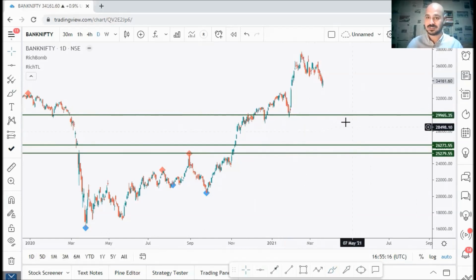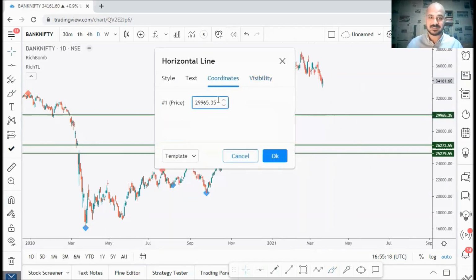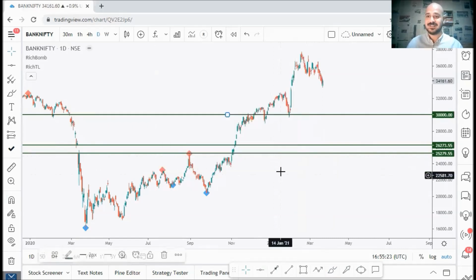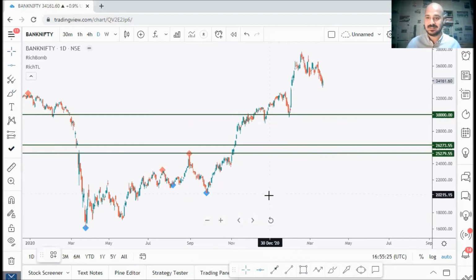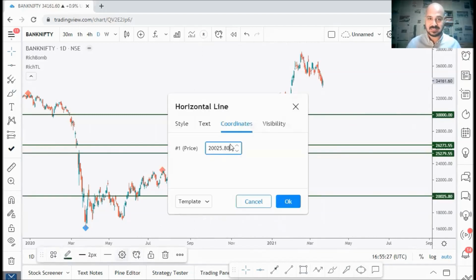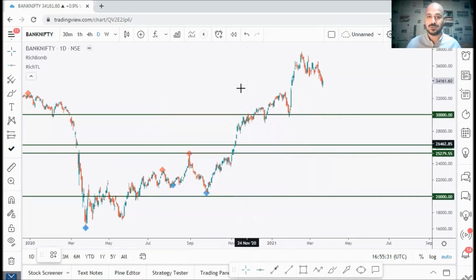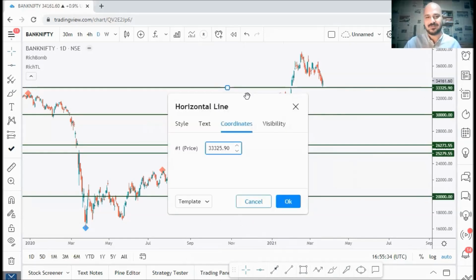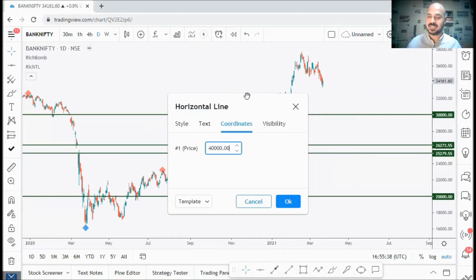So from this chart, the round numbers are, let me fix it for you to see it better, 30K, right? The next one is 20K, and 0. And of course, we also have the 1K and 5K, but the closest ones are 40K, right?